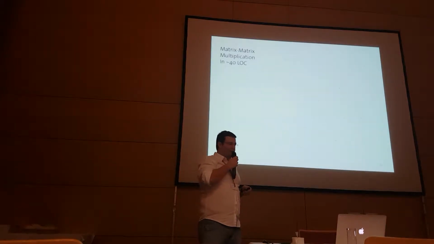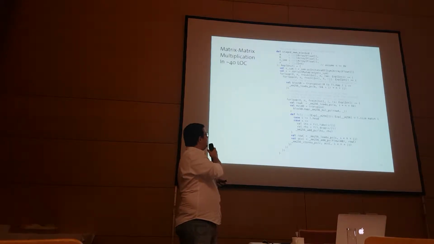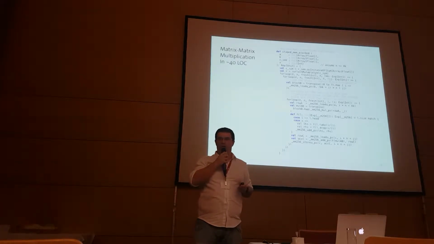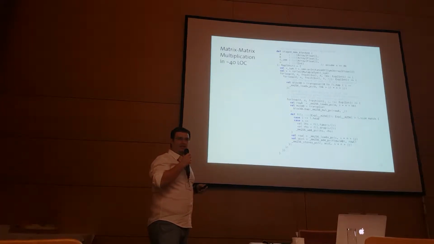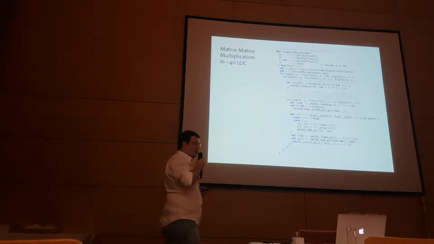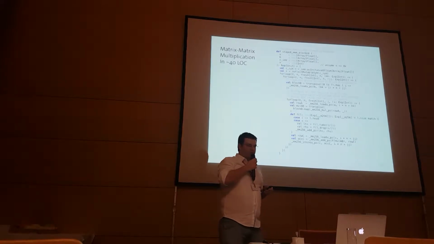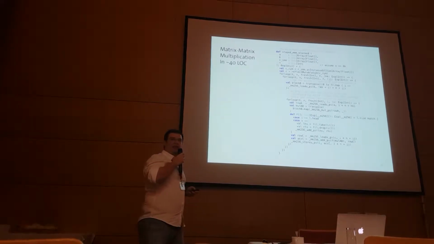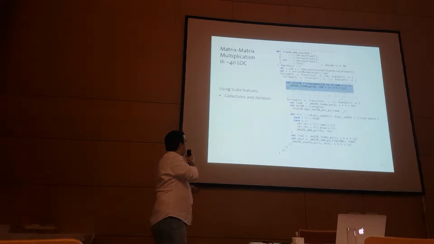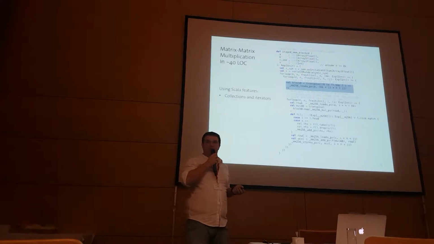Why is this cool? Let me give you a rather more complicated example of matrix multiplication. You don't have to understand the code, but what is very interesting to see is how we can implement matrix multiplication in 14 lines of code such that we use various features from the Scala language. For example, we can use the Scala collections and iterators right away.